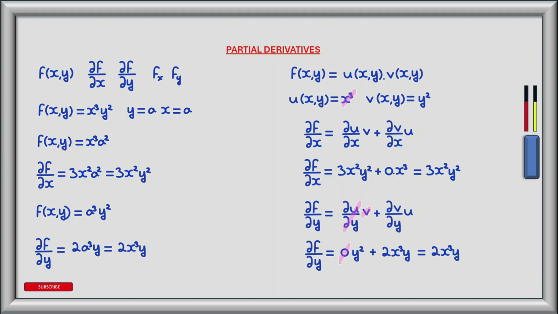We multiply this by v, where v is equal to y squared, so we have 0 multiplied by y squared, plus the partial derivative of v with respect to y, where v is equal to y squared, which we can find using the power rule. So its partial derivative is 2y. We multiply this by u, where u is equal to x cubed, and we see that the partial derivative of f with respect to y is equal to 2y x cubed.